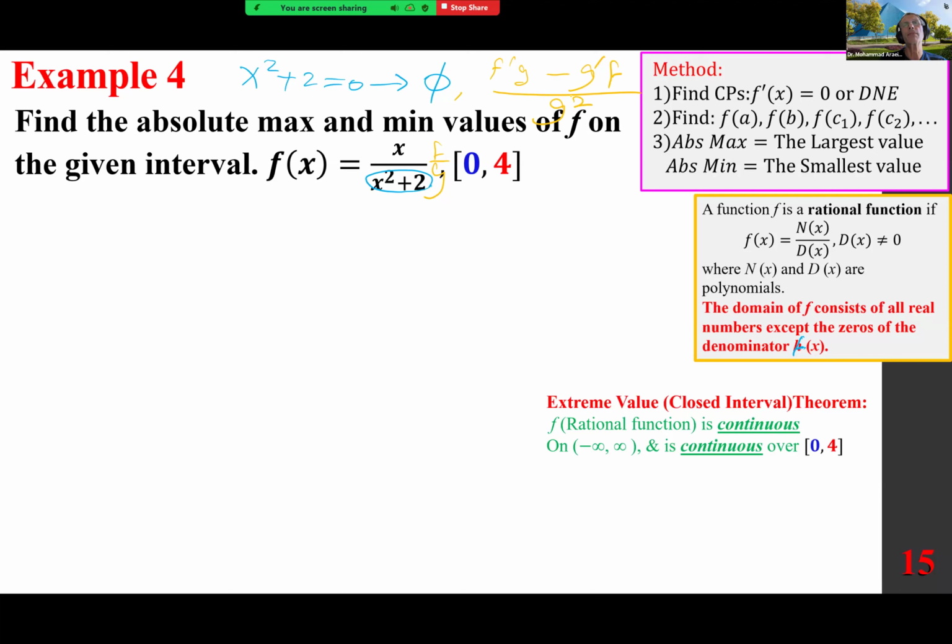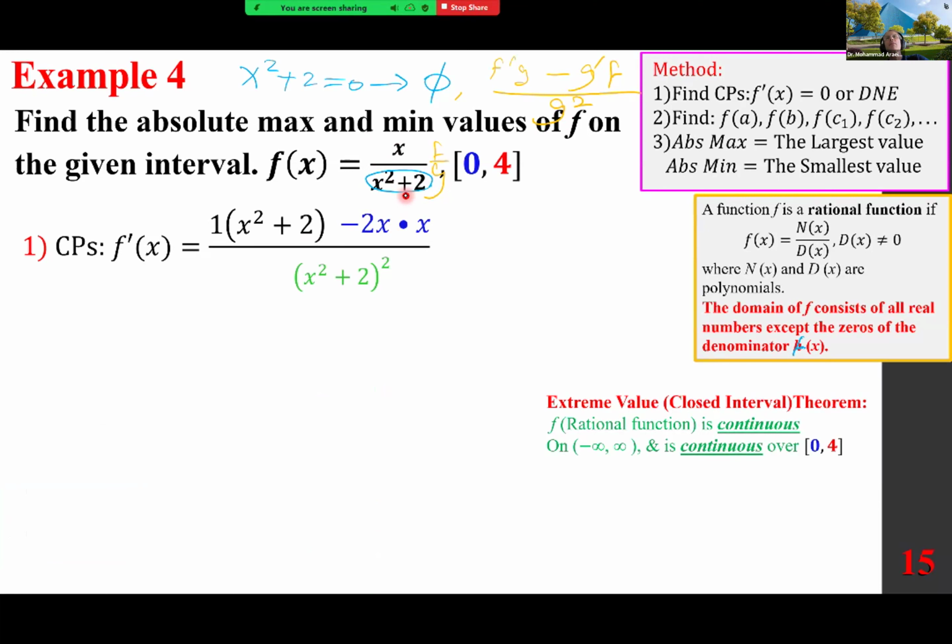When I want to differentiate, I write the formula for me and I follow that. So f is x, the derivative of that is 1 times x squared plus 2, minus g prime, the derivative of the bottom, is 2x times the top x. And I just write the bottom in parentheses, that's g, and square that. And I'm done with differentiation.